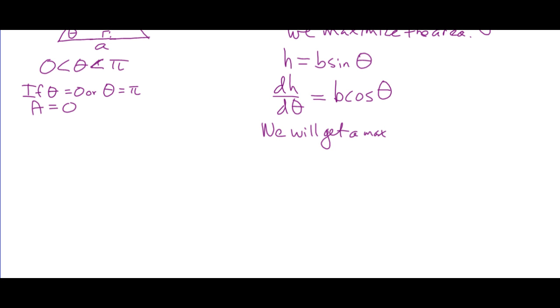Well, okay, should we do the second derivative? I guess we should do the second derivative so we can say. So what's the derivative? Here's where the negative comes in. So that will be negative b sine theta. And between 0 and pi in our domain, sine theta is always going to be positive. Negative b sine theta will always be negative, right?